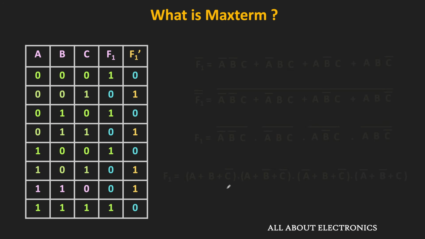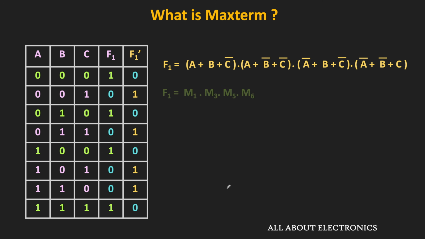So all these four combinations correspond to Maxterms M1, M3, M5 and M6. So in a simplified form, we can also write it like this, or equivalently it can also be written like this, where this pi represents the product or the logical AND operation of all Maxterms, and the number inside the bracket represents the corresponding Maxterms.